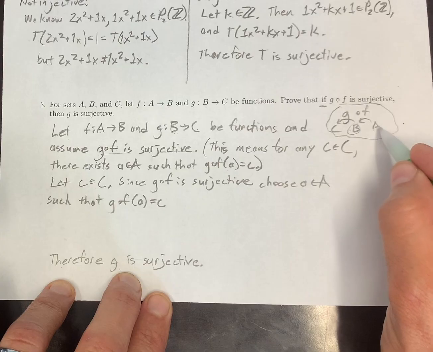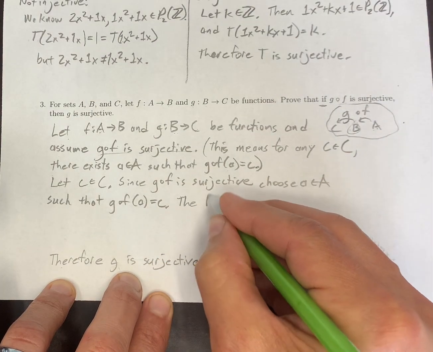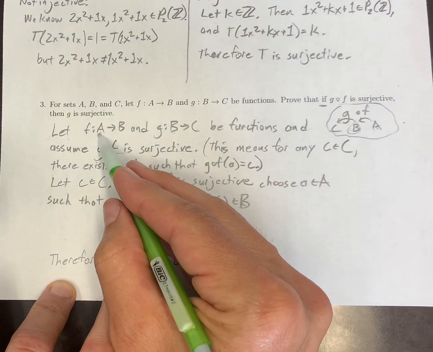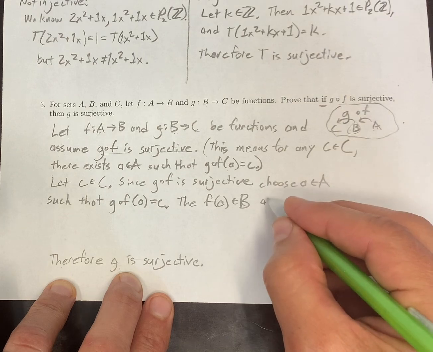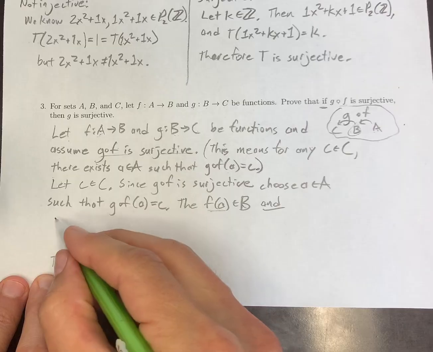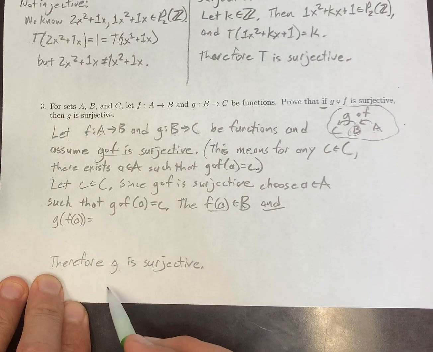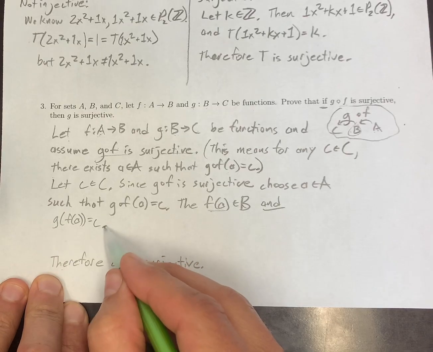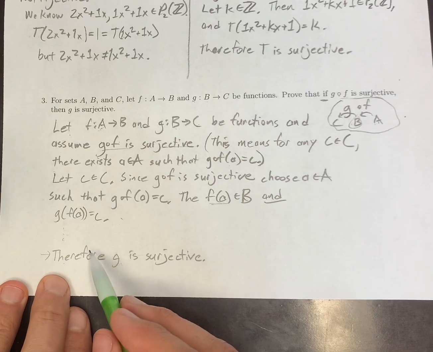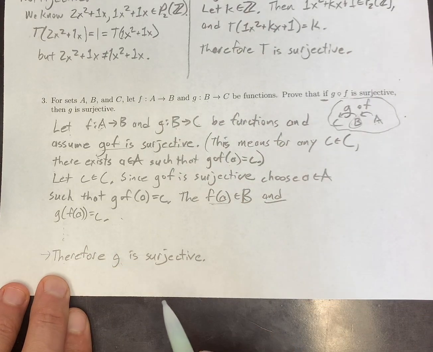I need something here, but there really is something here. Then F of A is an element of B, right? That's really what it is. F of A is an element of B. And here's the most important part, what do you know about F of A? Well, G of F of A is going to equal C. But that is the very definition of that. So I guess I didn't need to leave that much room. If G of that element equals C, G is surjective, and we're done.